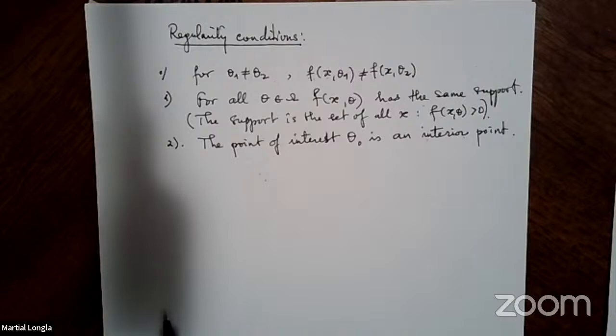And by definition of that density, you cannot have the same density for different points. The support of the density is the same for all of them, because the condition is x larger than 0. So it's always from 0 to infinity, and doesn't change based on theta.